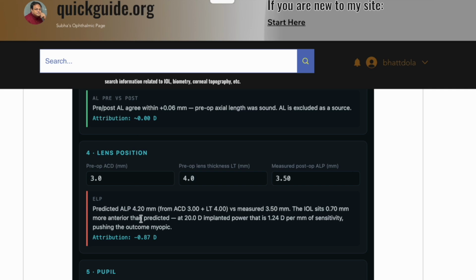With your pre-op ACD and your pre-op lens thickness, your predicted ALP, or actual lens position, is 4.20, but you have a measured value of 3.50, right? So the IOL sits more anterior, and with a 20 diopter IOL implanted, this could be the main cause of the error, minus 0.87.